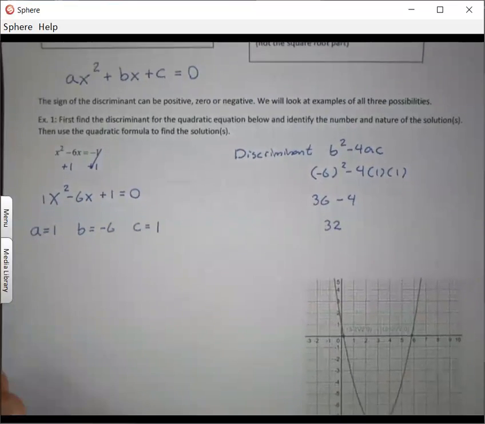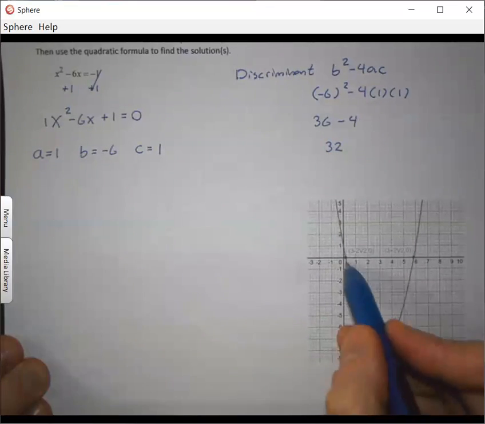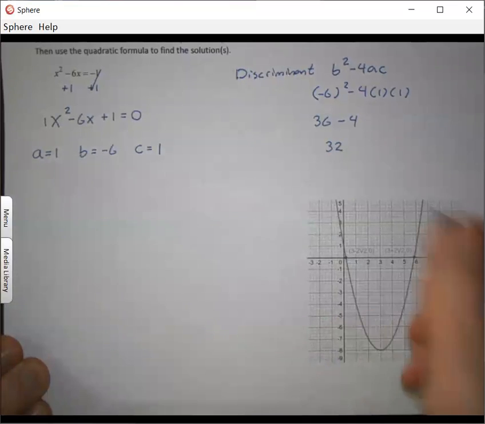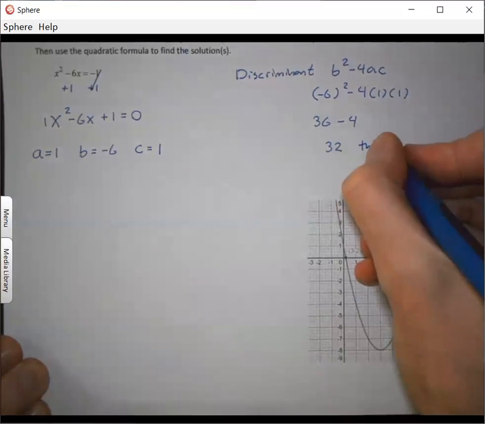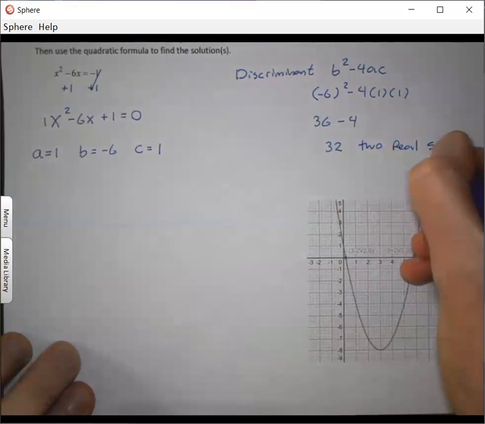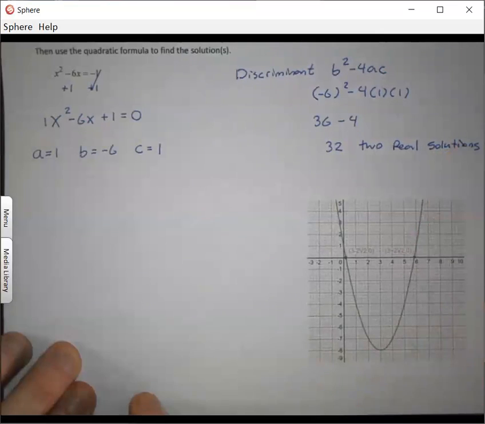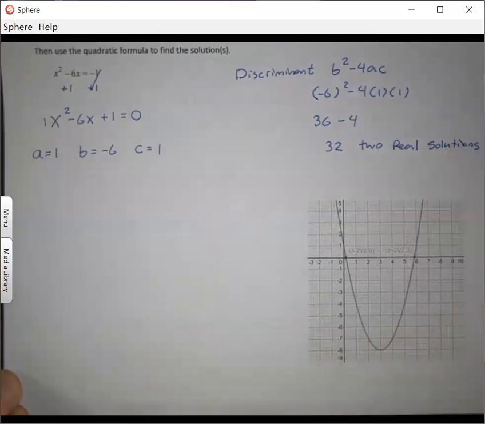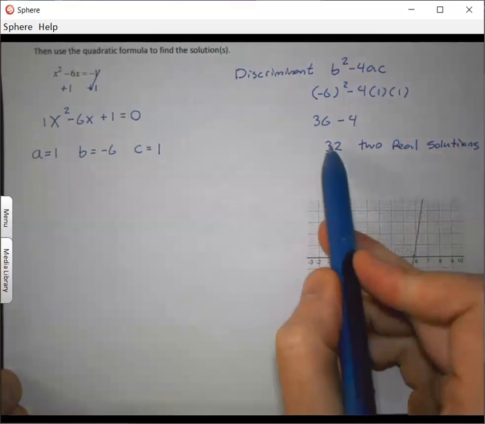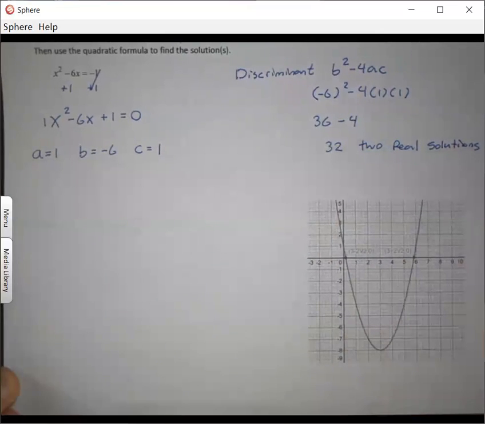And we can see from our given graph that this has 2 real solutions. So let's use the quadratic formula to find the solutions, and we'll see how the discriminant gives us the 2 real solutions.